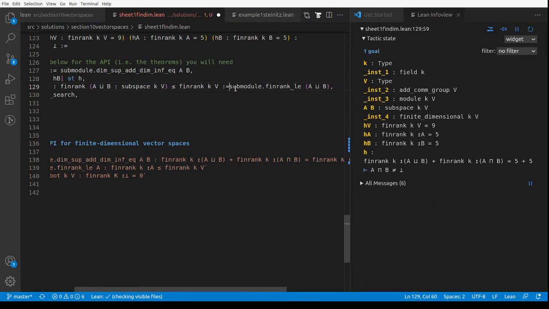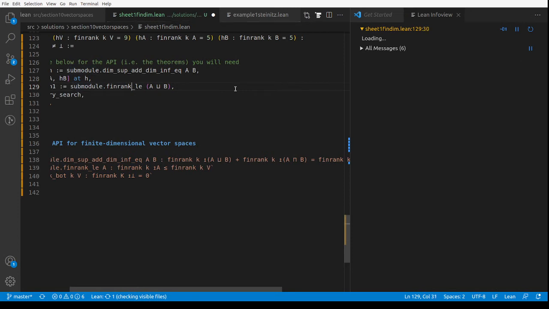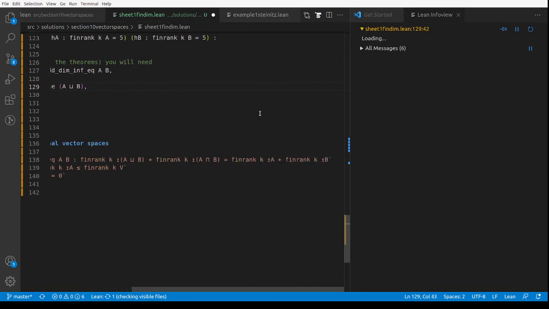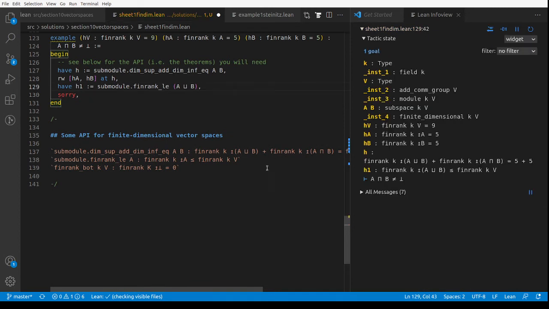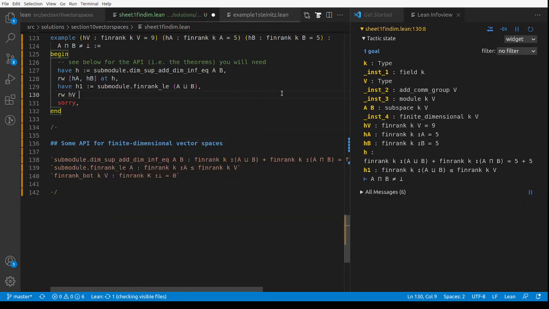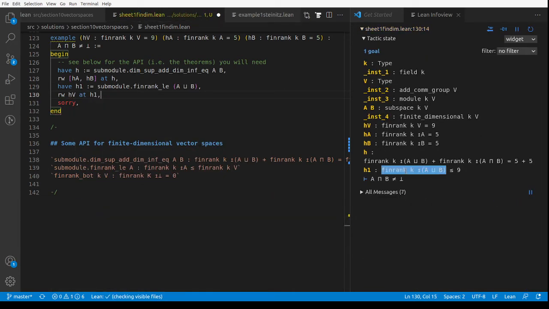Maybe I should just stop trying to claim what I think it says and just say this. Let's let H1 be that. Yeah, that looks fine. I don't know what I was doing wrong. So there you go. And so we know that the rank of A plus B is at most the rank of V. So we better rewrite HV at H1. So now this is at most 9.